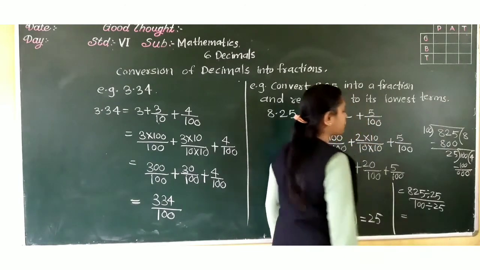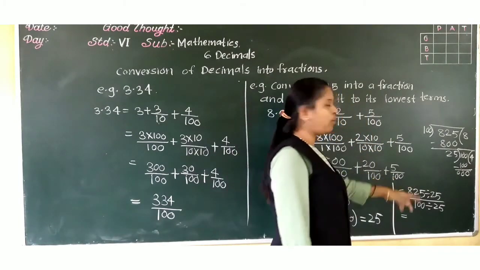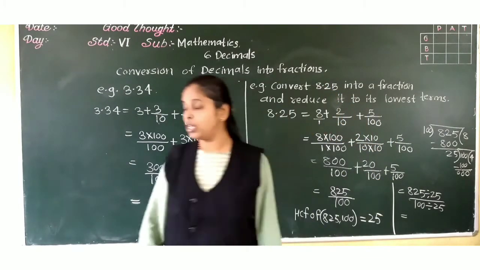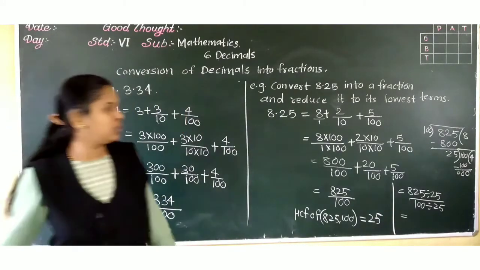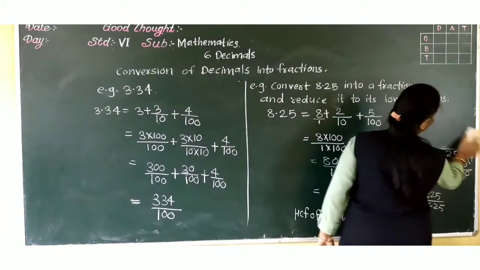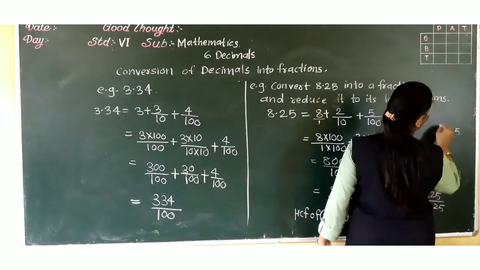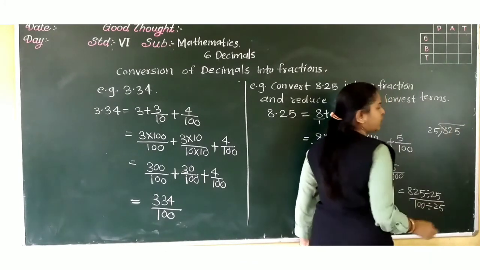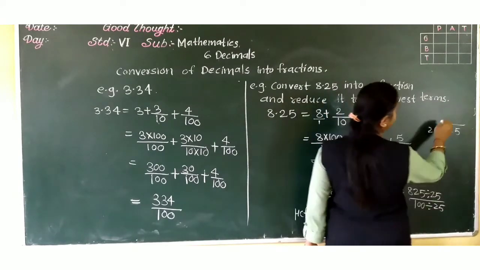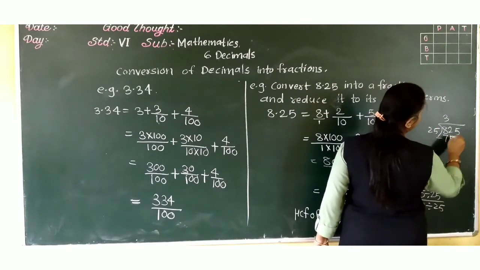Now see, 825 divided by 25. What answer will you get? 25 3s are 75.